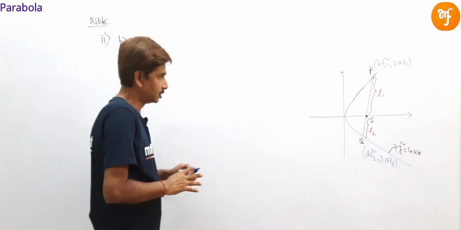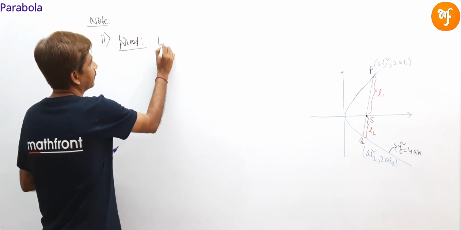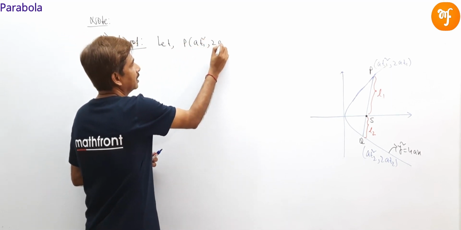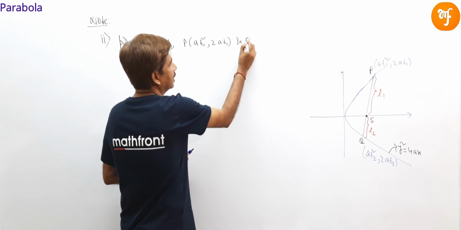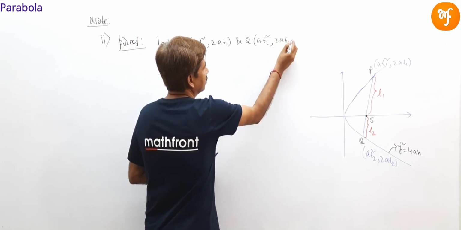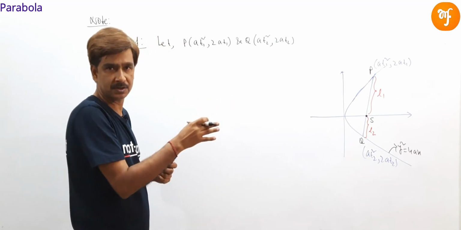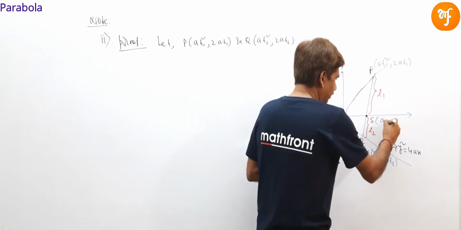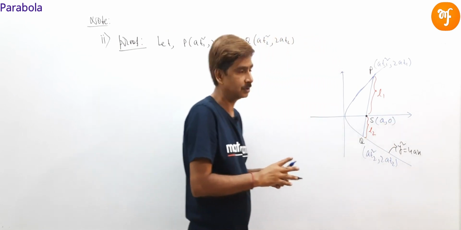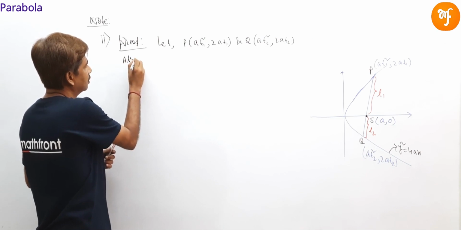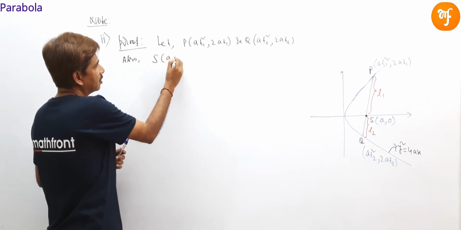Clear? So let P be (at1 square, 2at1) and Q be (at2 square, 2at2). As S is the focus of this parabola, obviously the coordinate of the focus is (a, 0). So also S is (a, 0).